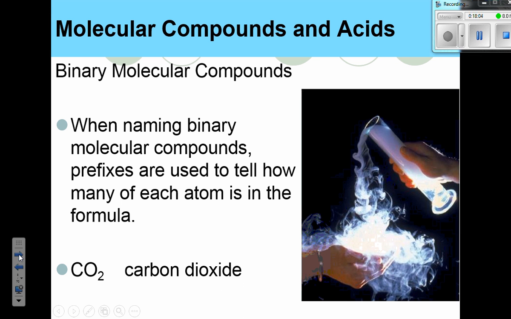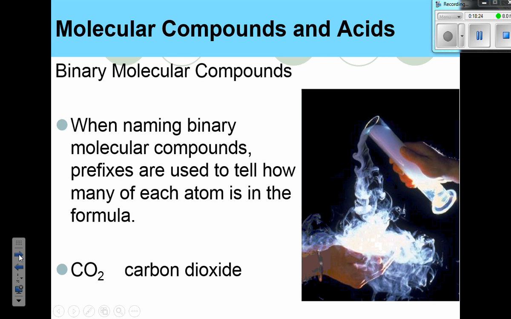So how many carbons are present in CO2? Just 1. Remember, if it doesn't have a subscript, that little number to the lower left, we can assume that there's only 1. How many oxygens are there? 2. So when we name this, we have to have a way to indicate that number.